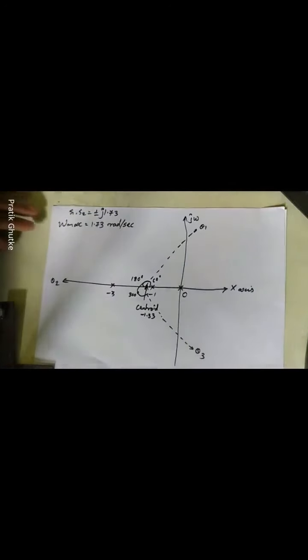Have you all understood how we are plotting up to here? This root locus is always plotted on graph page only. Why? Because you are all not having graph page. That's why I am telling you to draw on white page only.